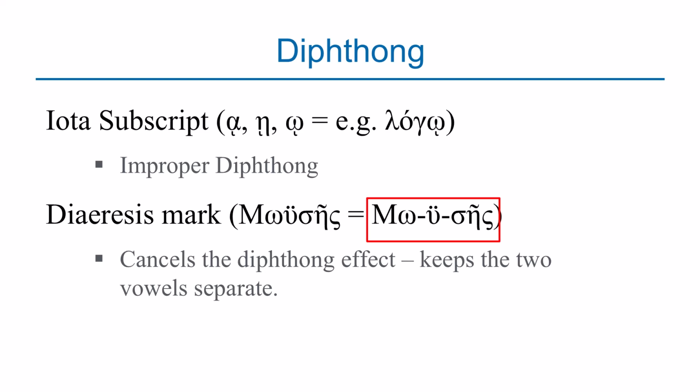You're supposed to pronounce it as Moses, but in this case, because of the diaresis marks, you're going to pronounce it as Mouzes. This is very important to knowing how to pronounce Greek words, because these two dots are telling you that, yes, this is a diphthong, but do not pronounce these two vowels next to each other as a diphthong. Pronounce them with separate sounds.